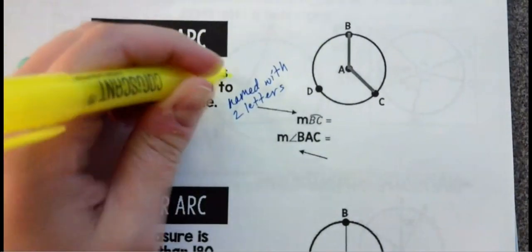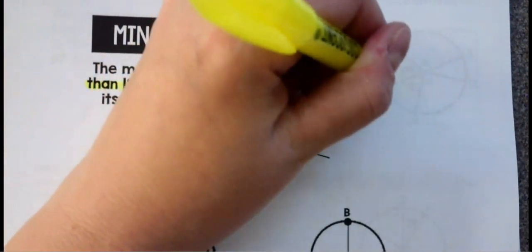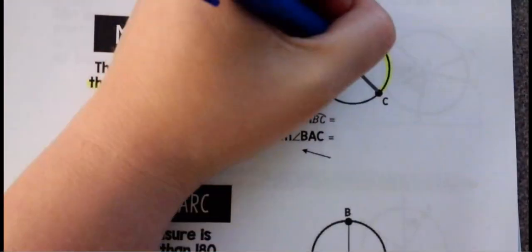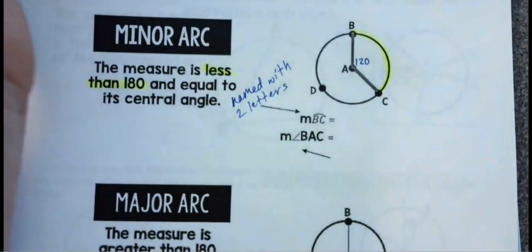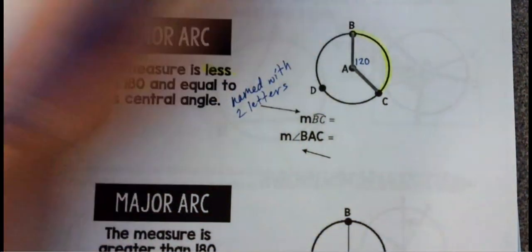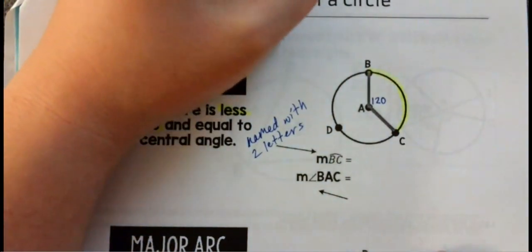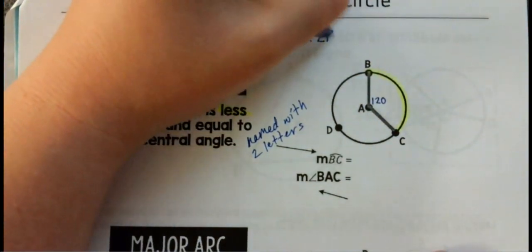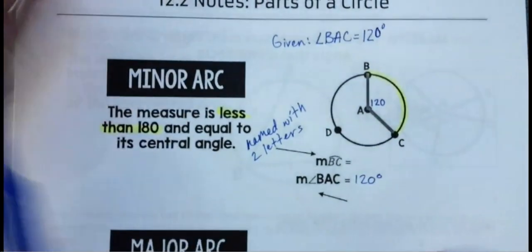Things that are important. It's less than 180 degrees. All right, this is what an arc is. Minor arc. So given angle BAC equals 120, I'm just going to write this up here that this is given to you, even though it's not on this.